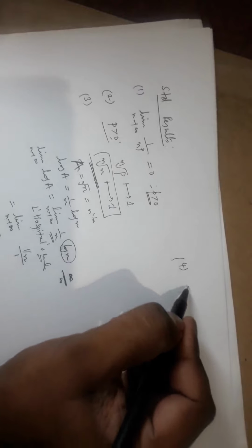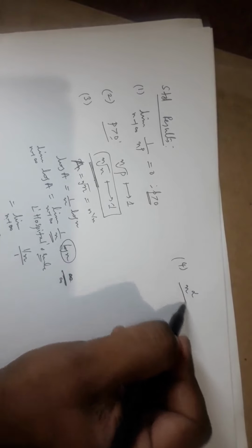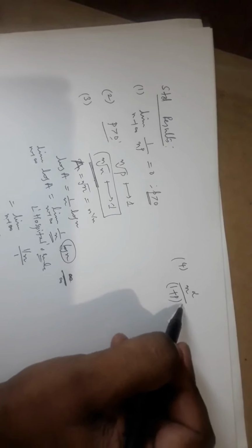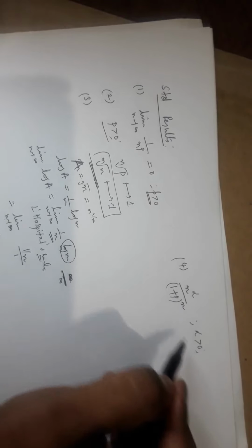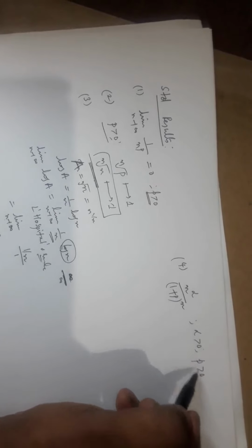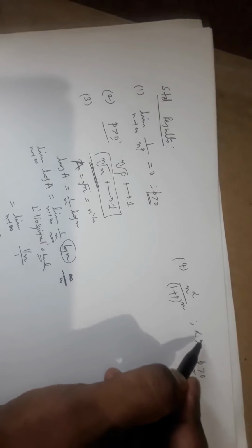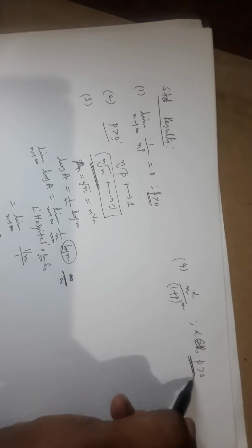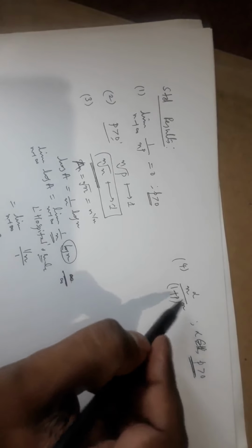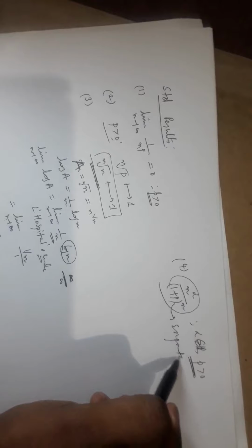Fourth result is the limit of n to the power alpha over (1 plus p) to the power n, where alpha is positive and p is positive. Alpha can be any real number actually, but p must be positive. What else am I telling here? See, this is exponentially growing.